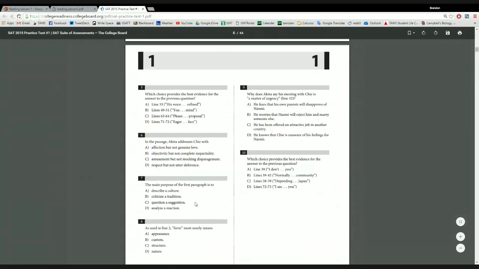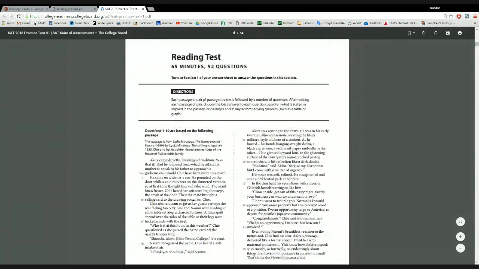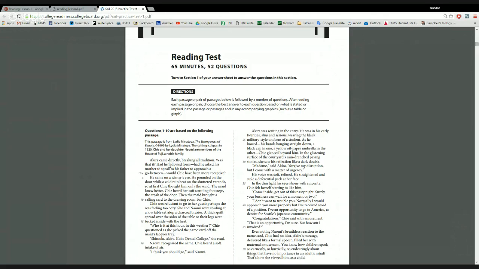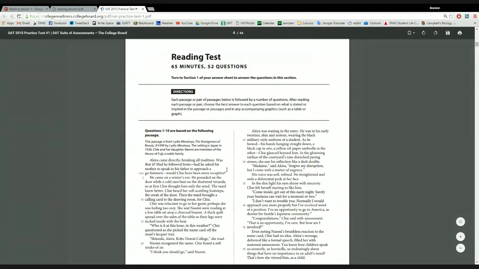appearance. Well, first of all, you want to think of what a form would mean in your own head. In this situation, was that it? Had he followed form? Form would probably mean something like a procedure almost. How he followed form, how he asked his mother to speak.